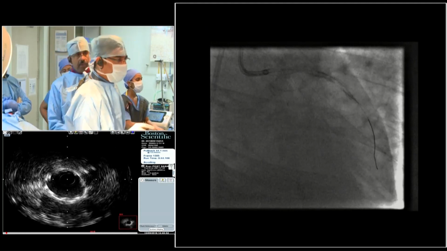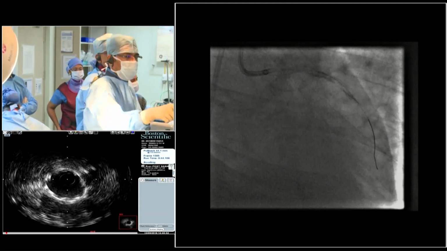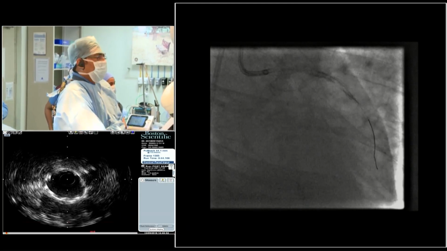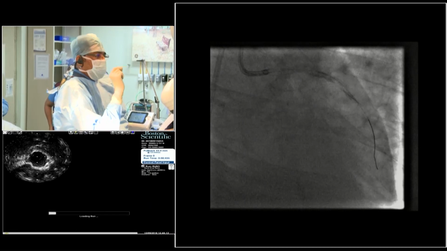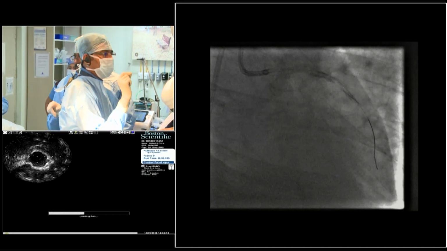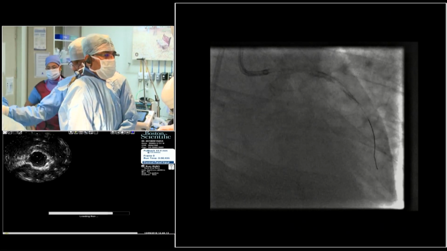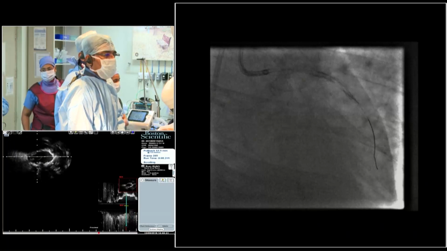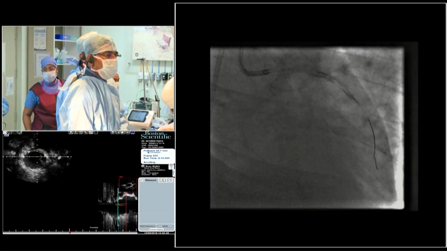Maybe if anybody noticed this IVUS at the ostial LAD, just on the distal part of the left main, if you don't keep the marker of the balloon into the ostial LAD, the distal part of the left main stent doesn't expand well. So then your distal crossing may not be very good. What do you see here?